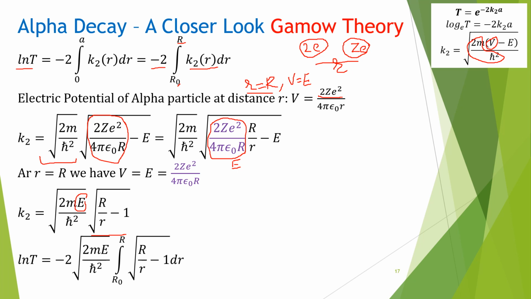So our equation becomes ln T is equal to minus 2 under root of 2mE upon h cross square, and we are left to solve this integration. In the next slide, we shall solve this integration.